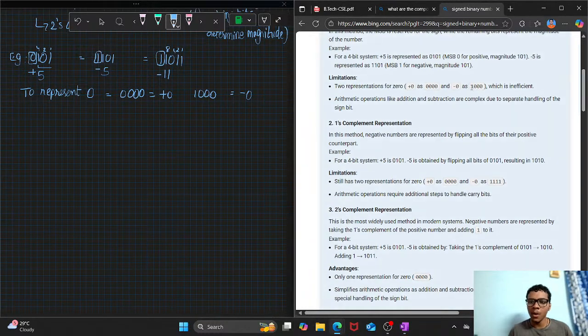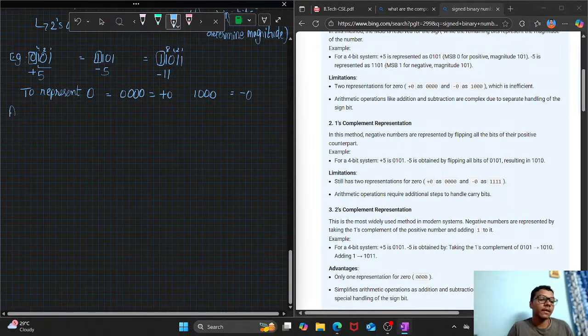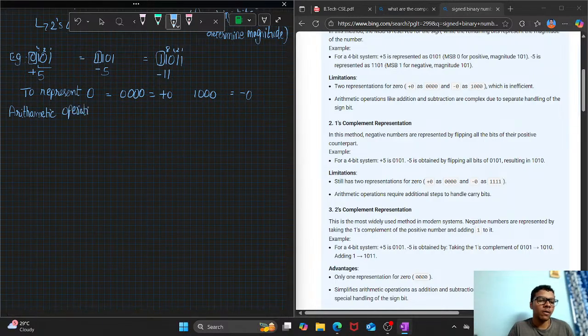And arithmetic operations become difficult due to separate handling of MSB.